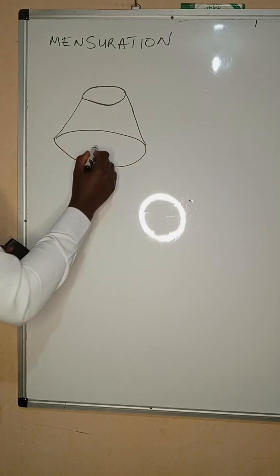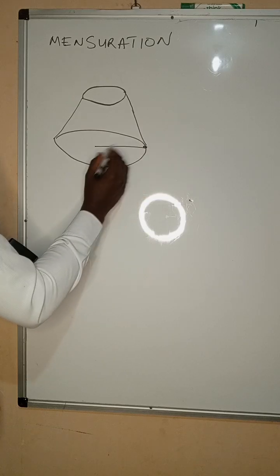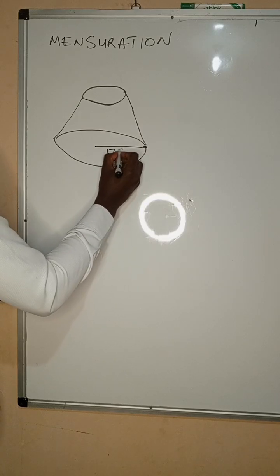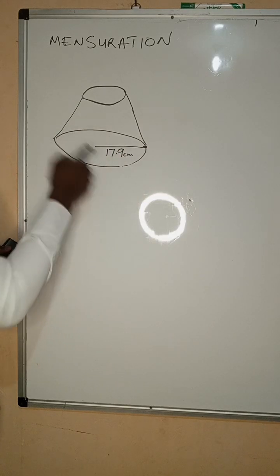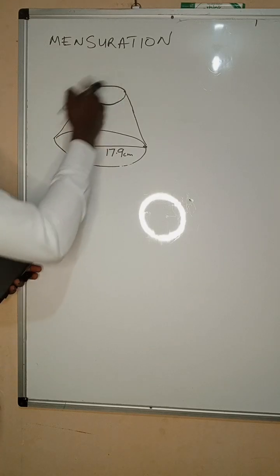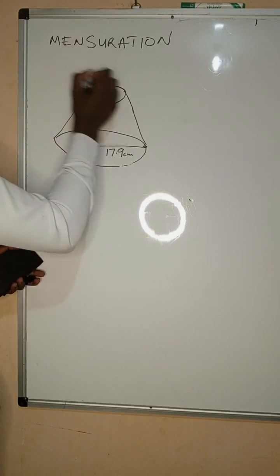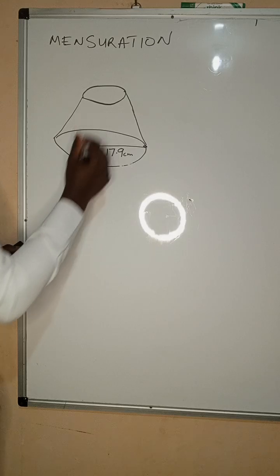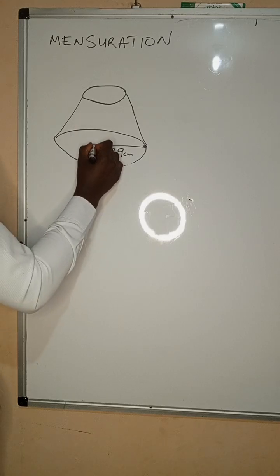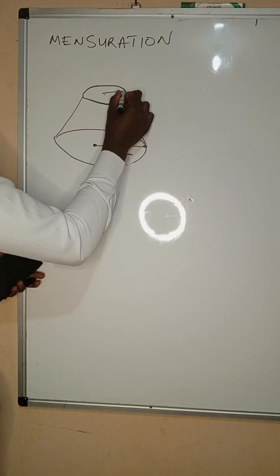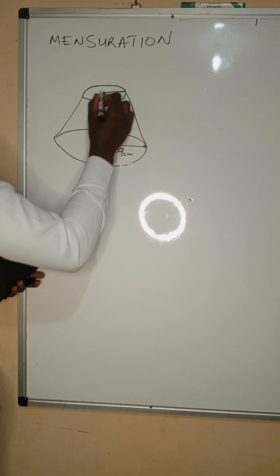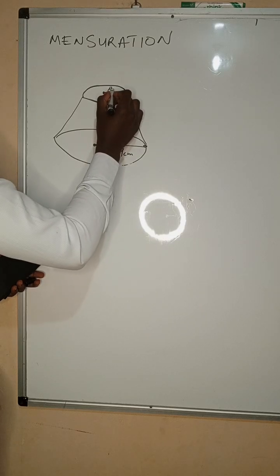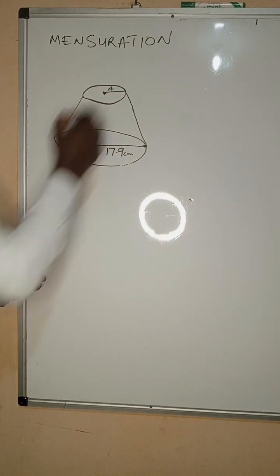Okay? The radius of this, I'll say maybe 17.9 centimeters. The smaller circle down, and then the radius of this larger circle. This is a cone. The radius of the larger circle, let's say, for example, maybe 4 centimeters.